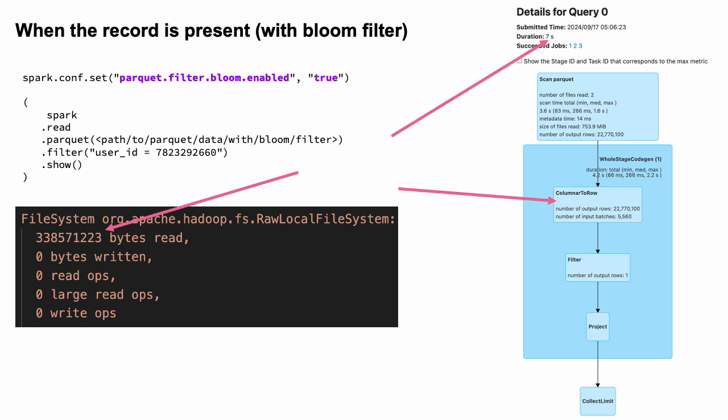However, the job runtime did not change. So we were able to save on the bytes scanned, and we were also able to save on the number of rows which got materialized. So if this scales to a larger volume of data where you have data in terabytes or petabytes, you might be able to see an appreciable difference. But for our few hundred megabytes of data, we did not see a real difference in the job runtime.